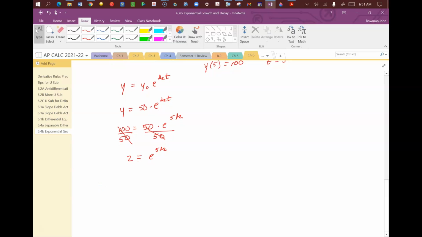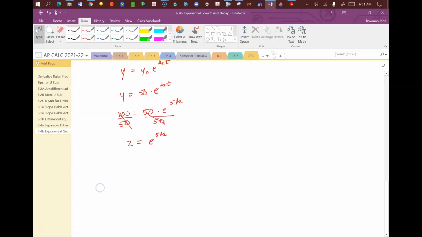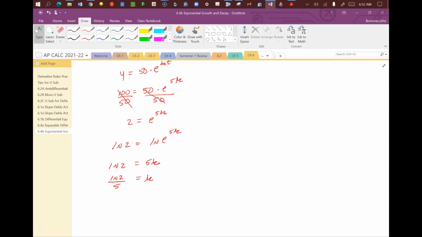In this case, writing them with the same base would be extremely difficult, so we use the natural log of both sides, and the natural log of e to the 5k is simply 5k. So 5k is equal to the natural log of 2, and k is equal to the natural log of 2 over 5.